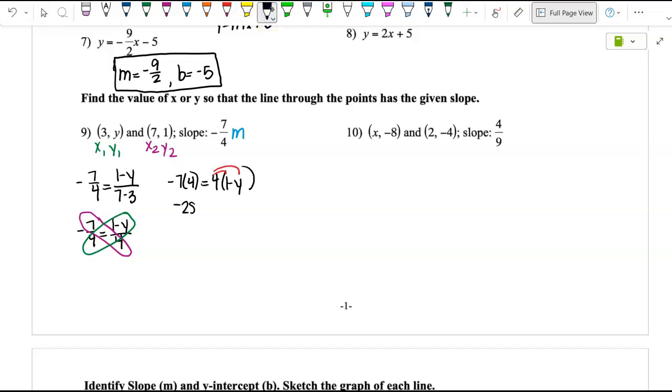So negative 28 equals 4 minus 4y. Then we're going to subtract 4 from both sides. So negative 32 equals negative 4y. Divide by negative 4. And you get 8 equals y.